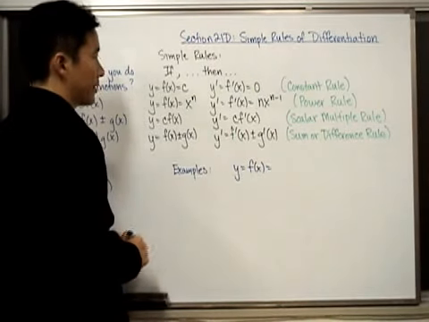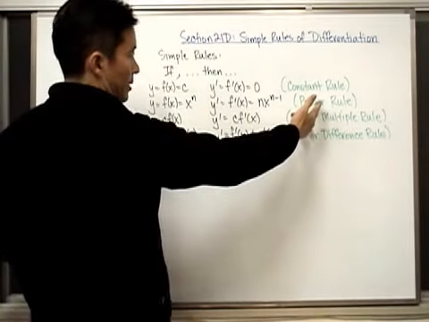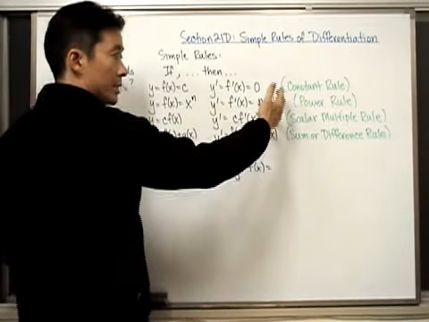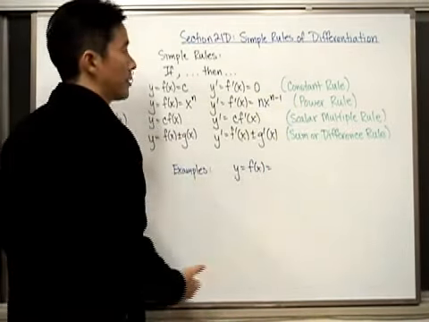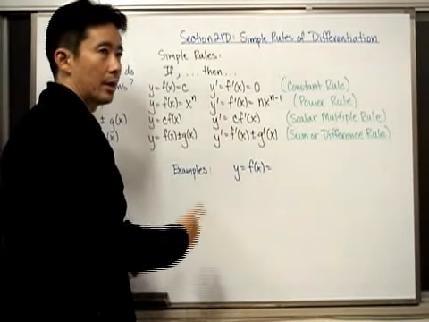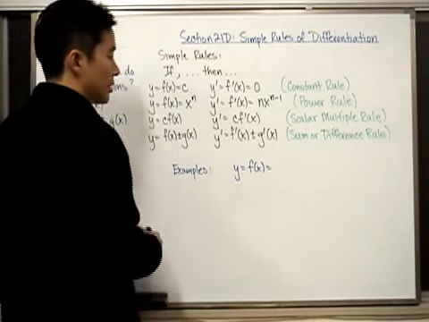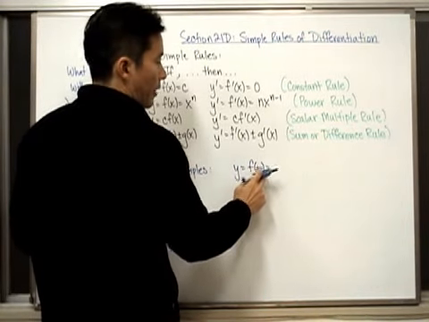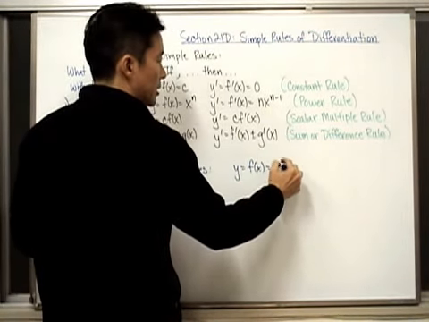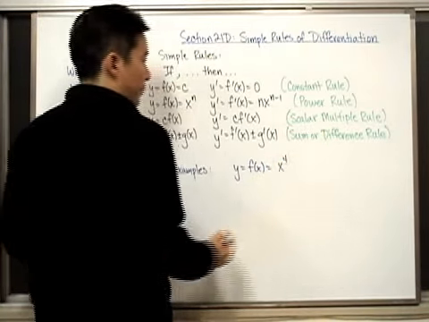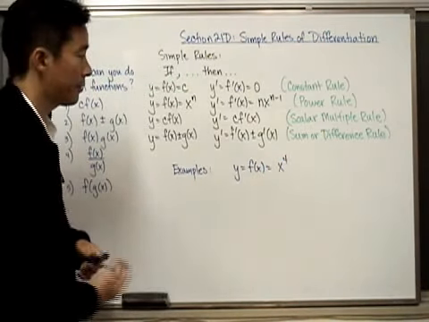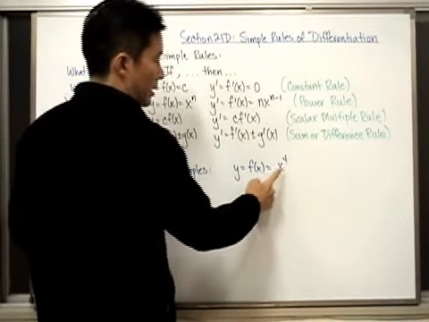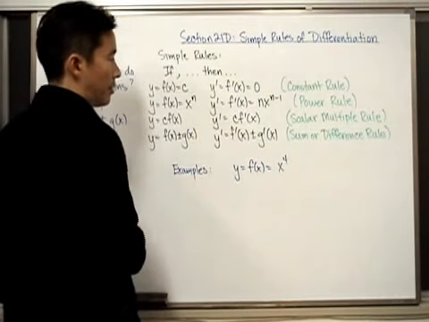Now let's say you have this next situation where it is not a constant. In other words, you do have a variable. What happens in that situation? Let's say y is equal to f of x, which is equal to x to the 4th.